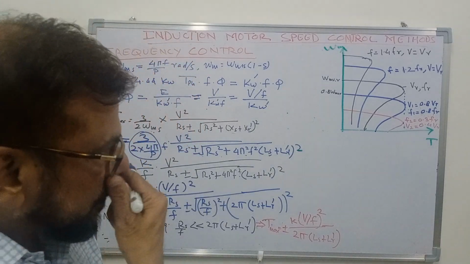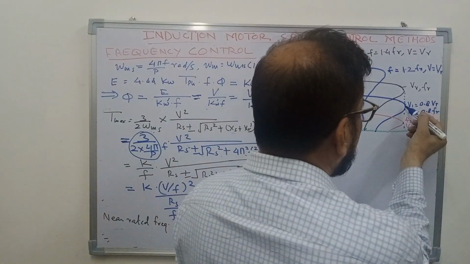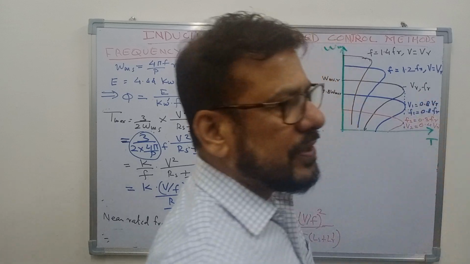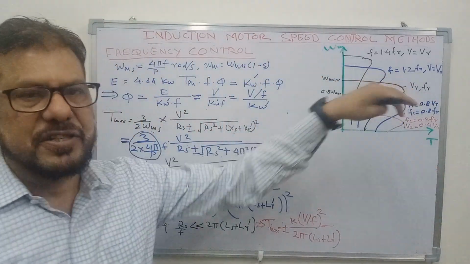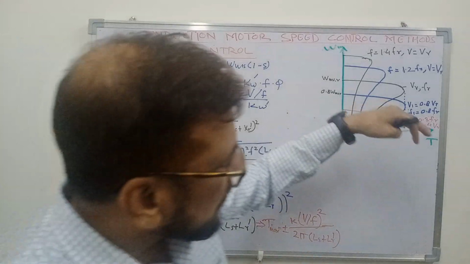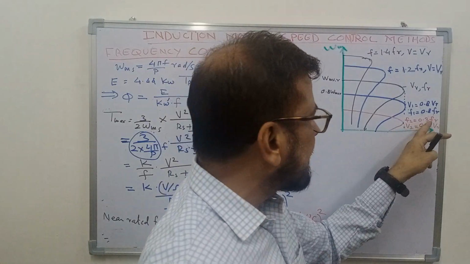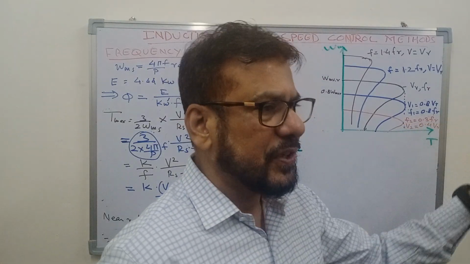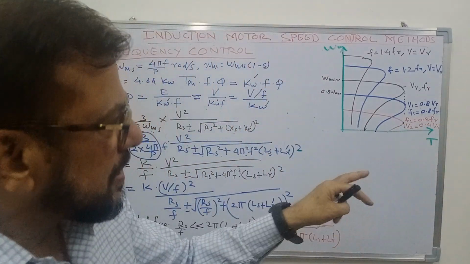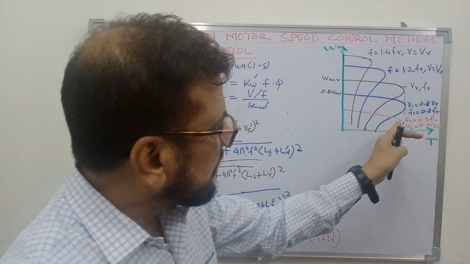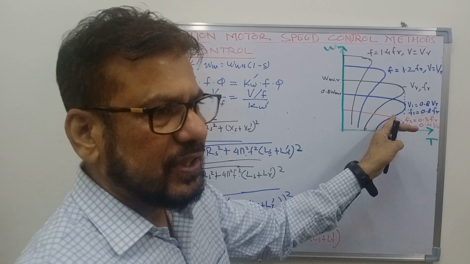So we have done the reduction, and at this level the maximum torque is the same as it was at the rated conditions. But if you further reduce the frequency, say you have made the frequency 0.3 times the rated frequency, and you make the voltage also 0.3 times the rated voltage, then the maximum torque will decrease slightly.